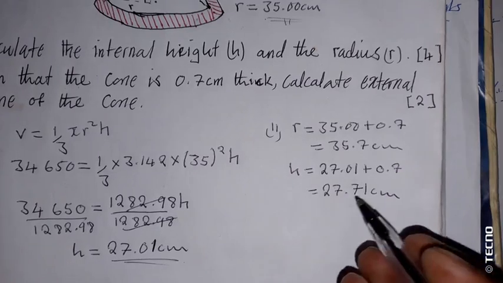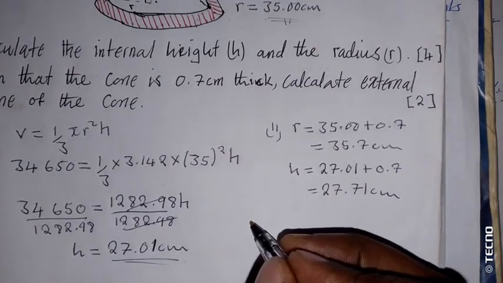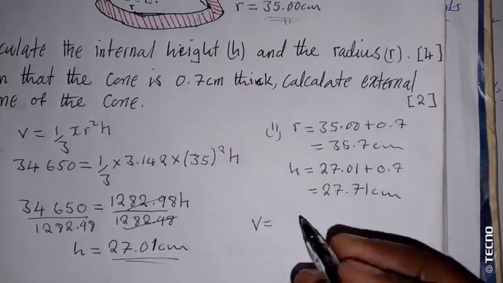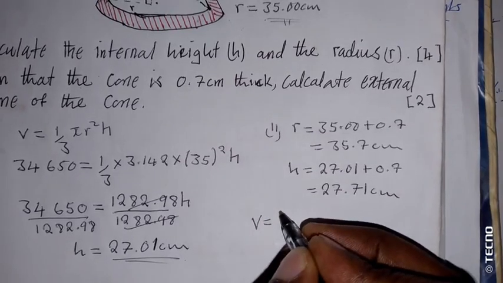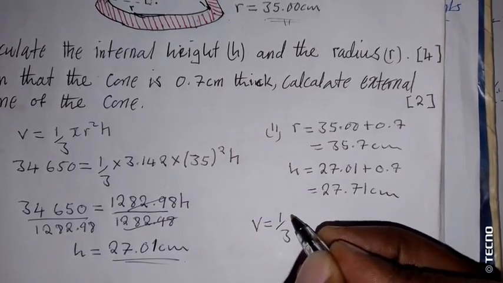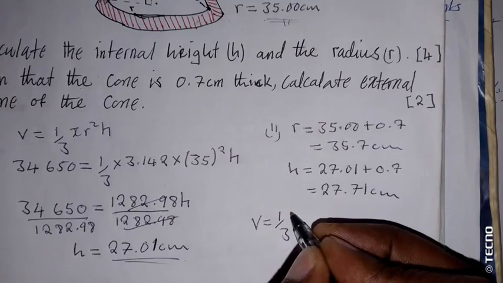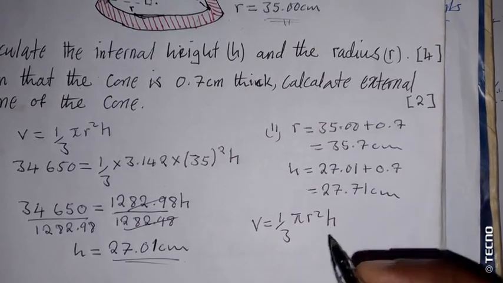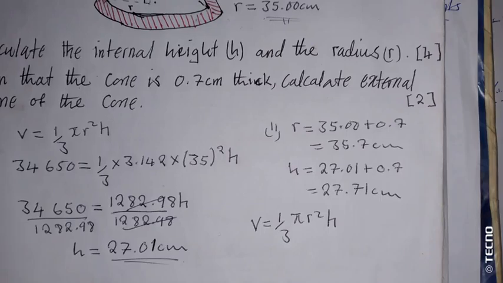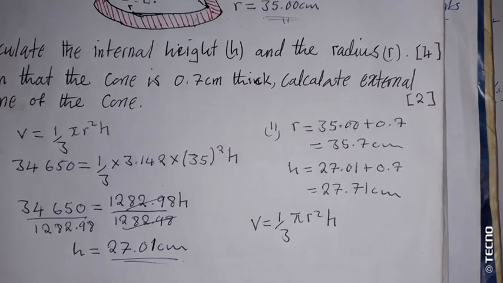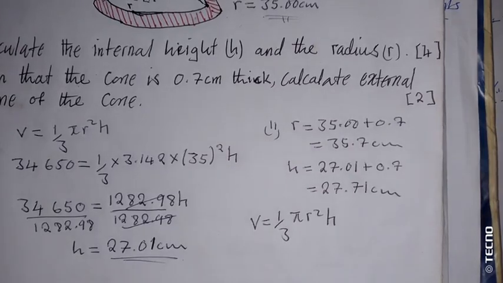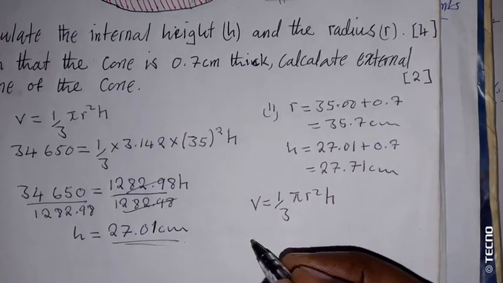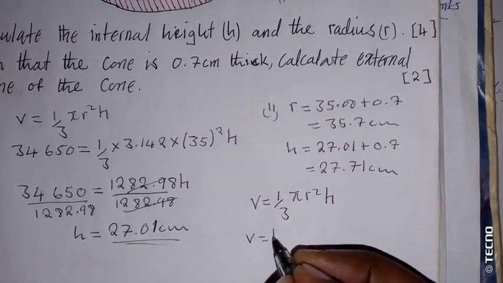Now having these two values, to find the new volume, V is equal to 1/3 pi r squared h. Where there is pi, we have already been given it, and then it's just the new dimensions that I've changed.